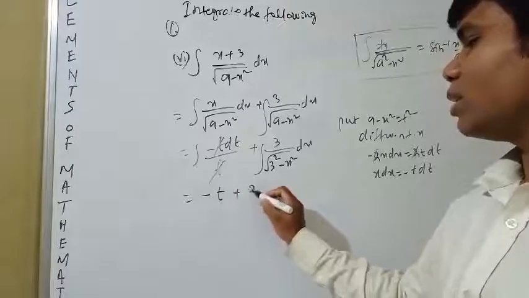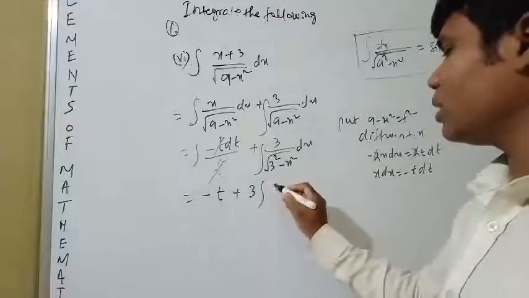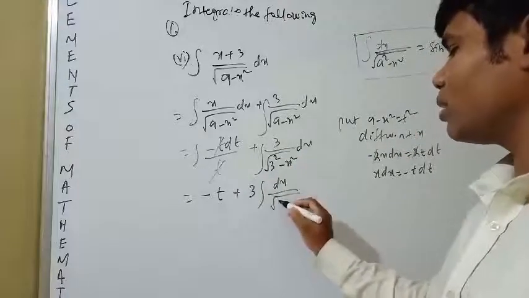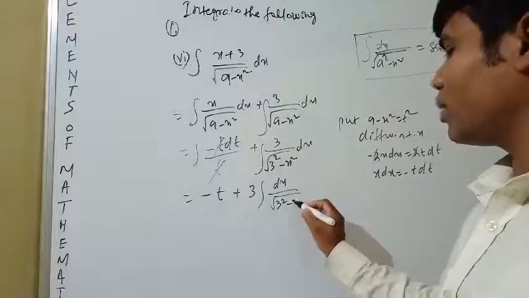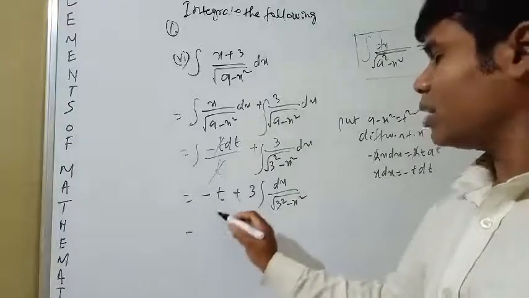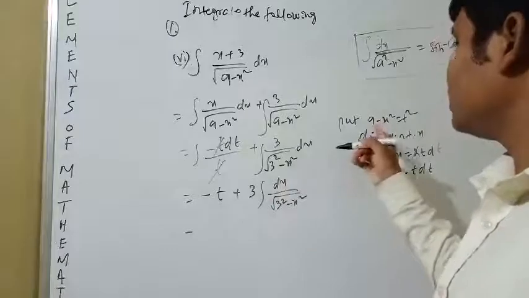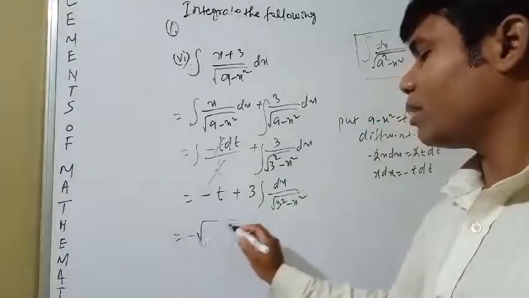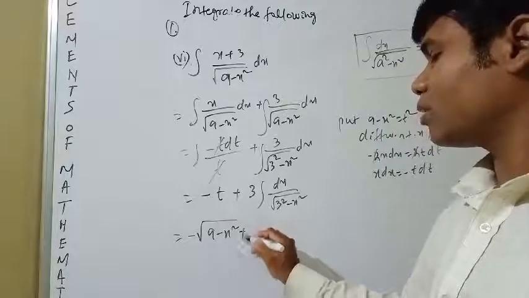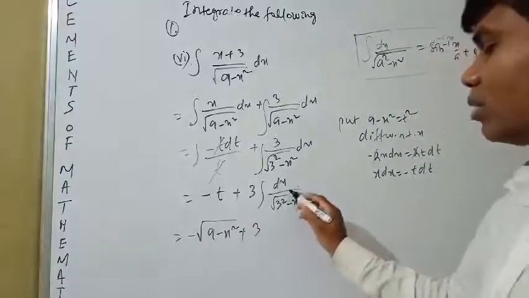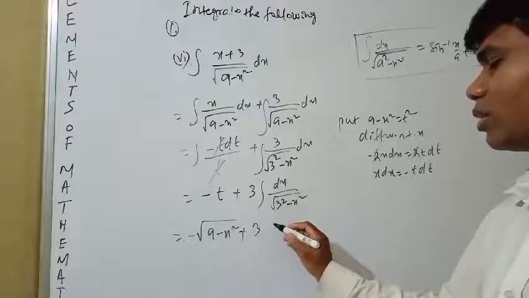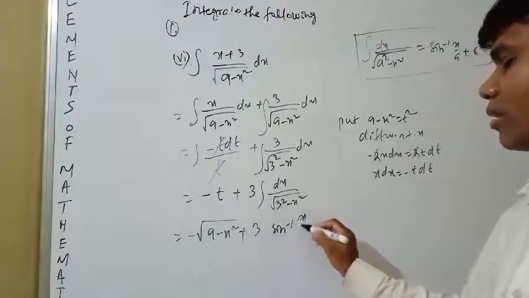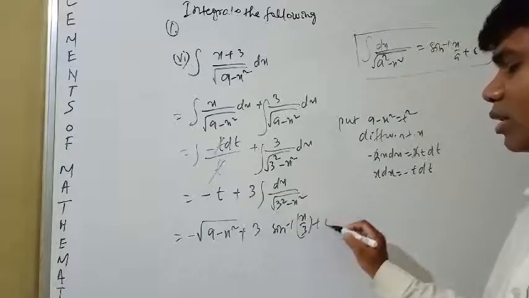Plus 3 is a constant, keep it outside, dx by root over 3 square minus x square. T is equal to root over 9 minus x square, so it is minus root over 9 minus x square plus 3 into sin inverse x by 3 plus c.